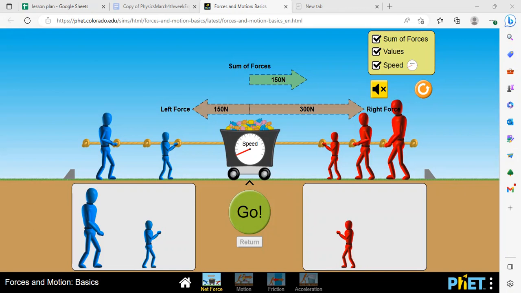Again, you must be certain about which body we're applying it to. The F net must be the vector sum of all the forces that act on that body. Only forces that act on that body are included in the vector sum. And the net force component along an axis gives rise to the acceleration along that same axis. So you have a component along X and a component along Y.